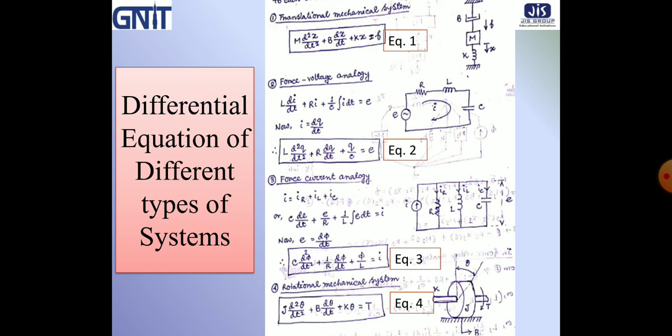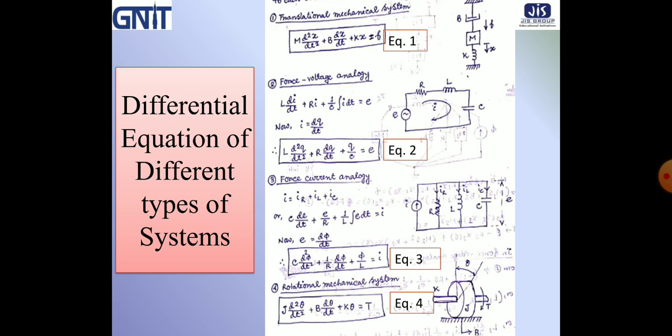Where m is the mass, b is the damping coefficient, k is the stiffness of spring, x is the displacement, and F is the force applied to the system.